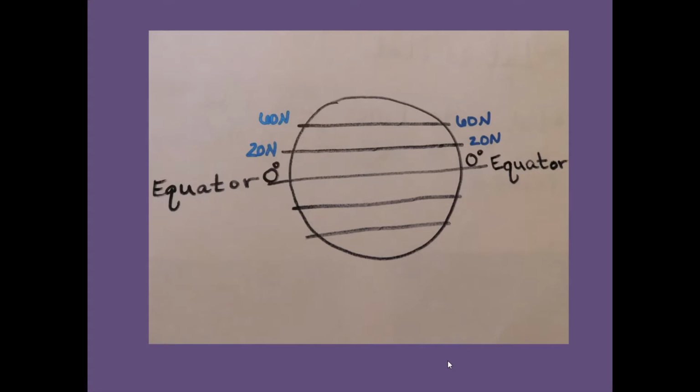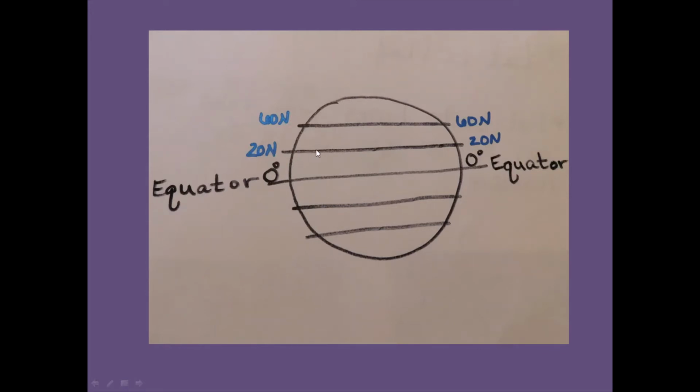Now notice too, I said latitude lines. You cannot write N's by longitude lines. N's only work for latitude lines. So here I have 20 degrees north and 60 degrees north. You can see that my 20 degrees north is 20 degrees north here, and it's 20 degrees north here.